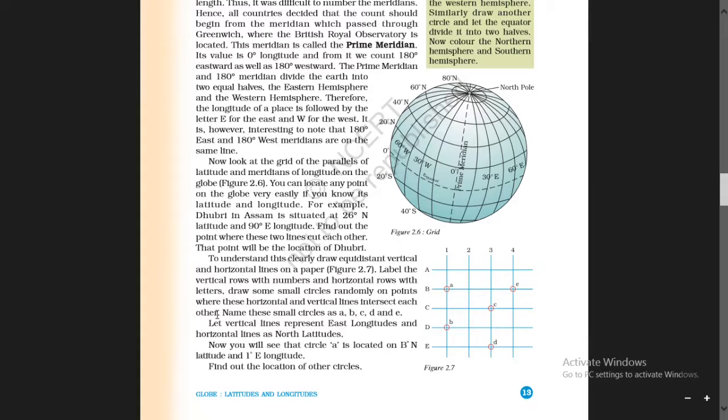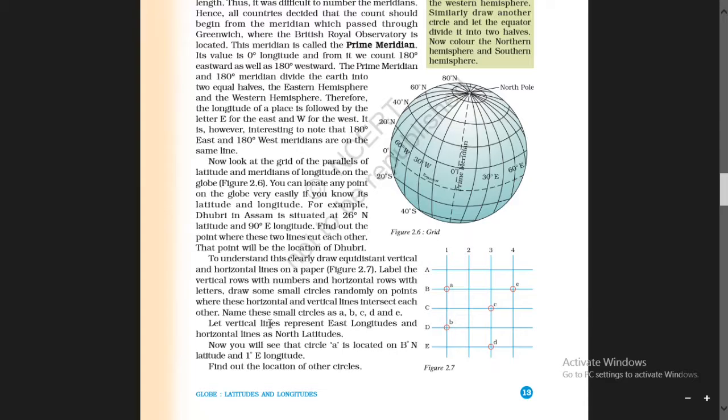You have to mark small circles there. Name these small circles as A, B, C, D, and E. You have to name them like this.